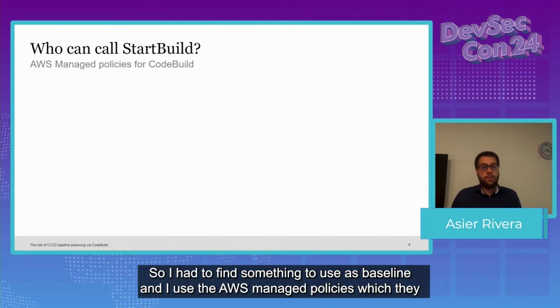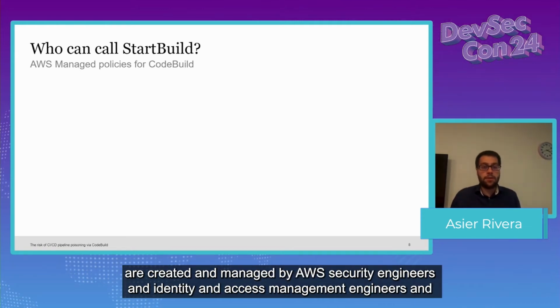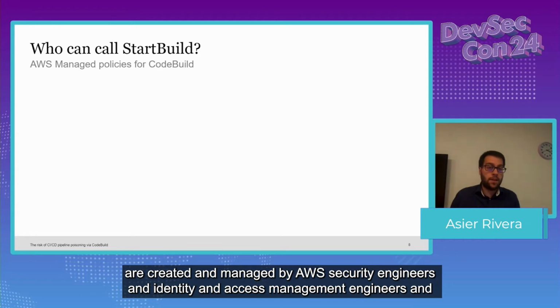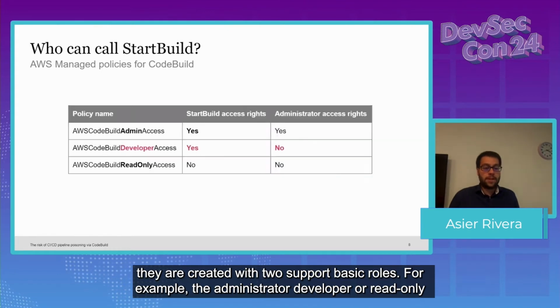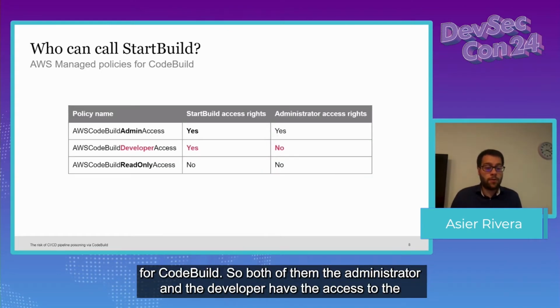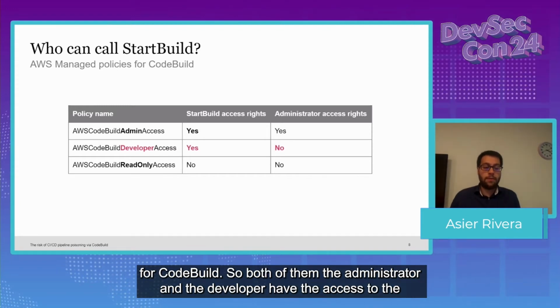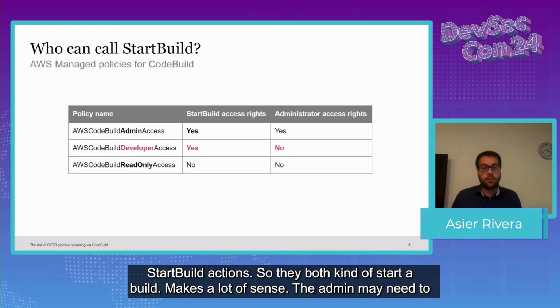So I had to find something to use as a baseline, and I used the AWS Managed Policies, which are created and managed by AWS security engineers and identity and access management engineers, and they are created with basic roles, for example, the administrator, developer, or read-only for CodeBuild. Both the administrator and the developer have access to the StartBuild action, so they both can start a build. It makes a lot of sense.